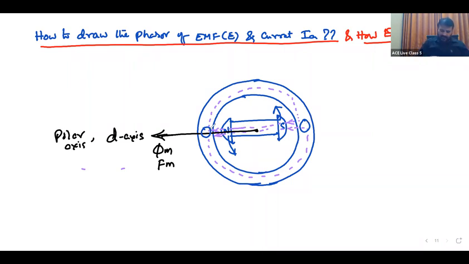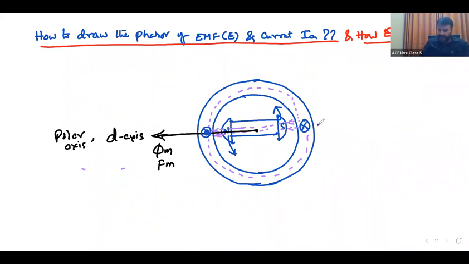Under the south pole, the current is cross. Why? Because the rotor is rotating counterclockwise, but the conductor on the stator is assumed to be moving in the opposite direction. So the current is dot and cross.